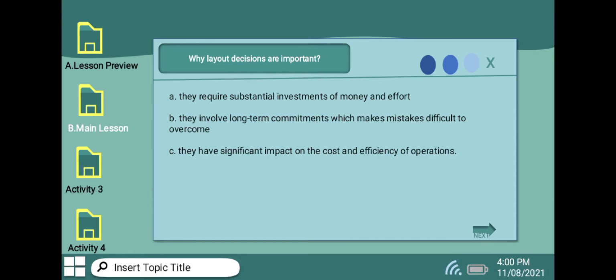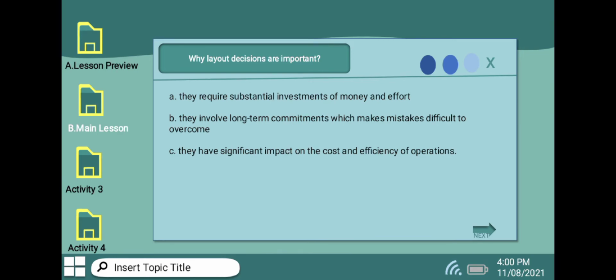All I can say, bakit ito nabibilang sa isa sa importante, because we all know that kung nakakagawa tayo ng mistakes, natututo rin tayo at nag-change. C. They have significant impact on the cost and efficiency of operation. It means that it has big effects sa gastos and operation. So that's why layout decision is important.